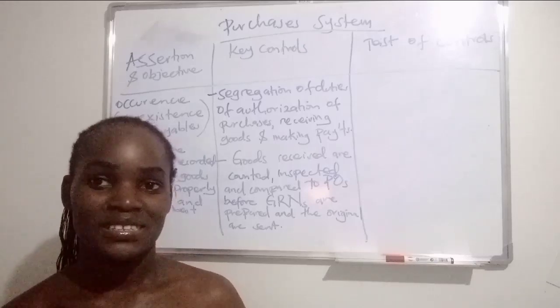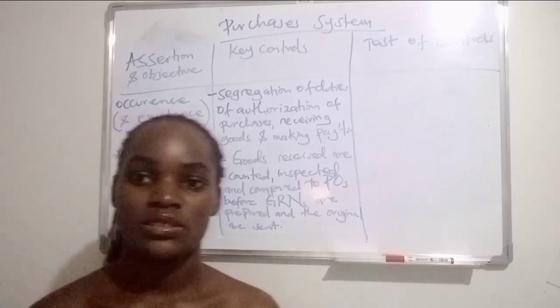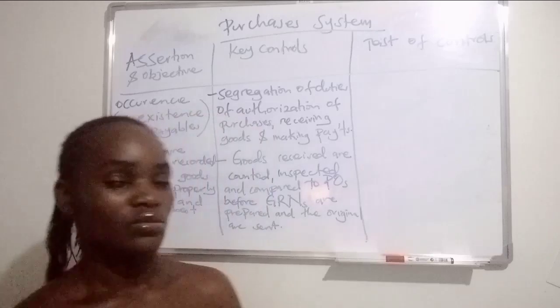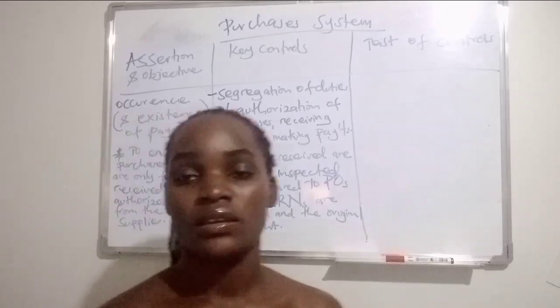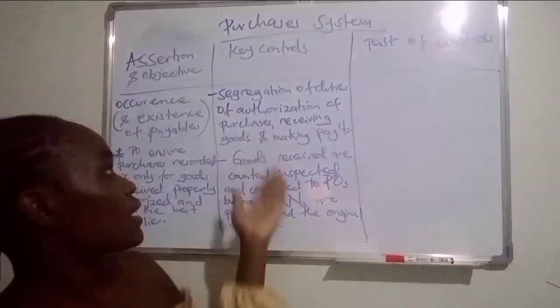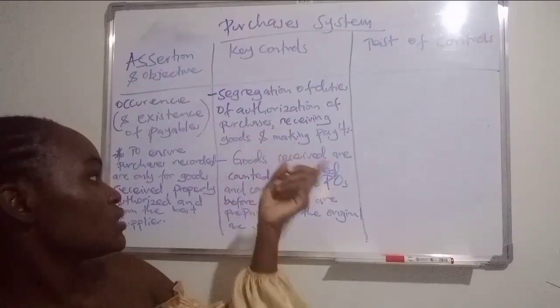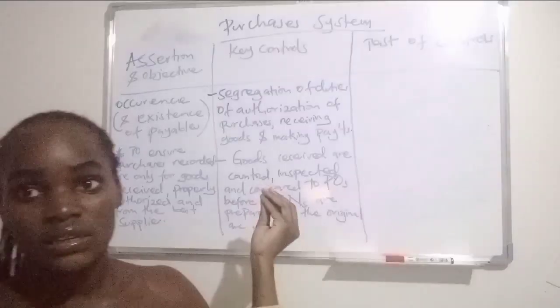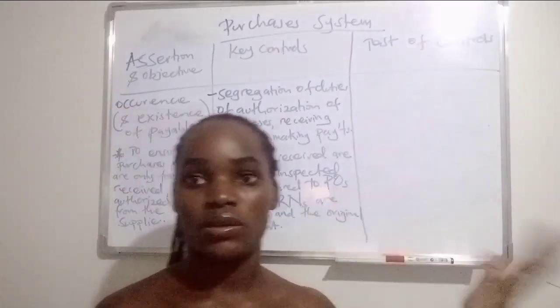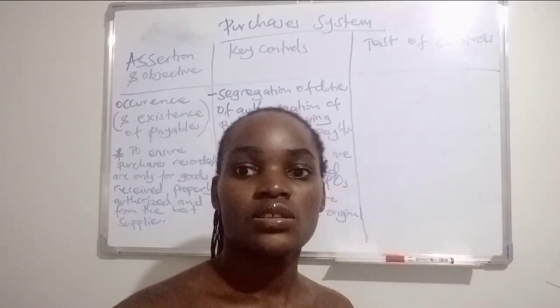The controls that you write depend on the way the question is given. So these are the key controls: segregation of duties, and counting, inspecting, and comparing with the purchase order.